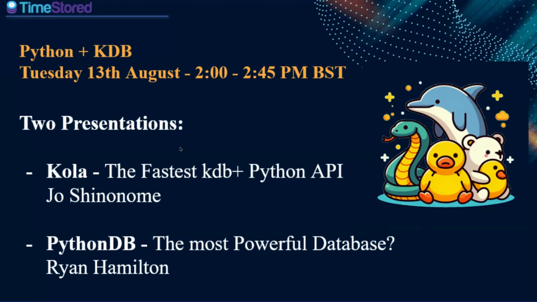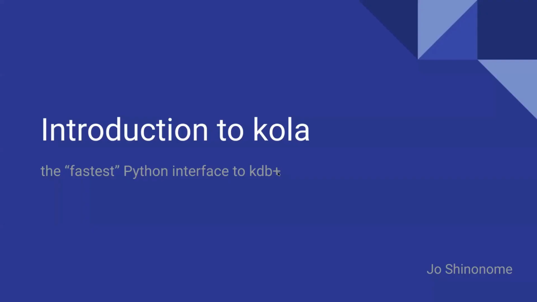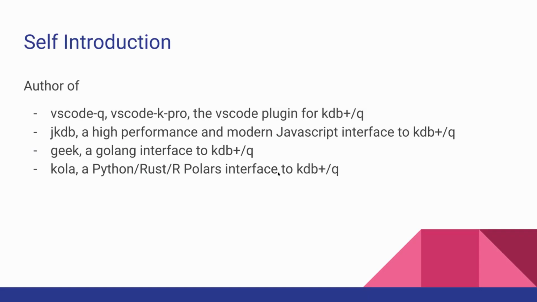Thank you, Ryan. My name is Joe Shinonome. Today I'm going to introduce you to Kola, the fastest Python interface to KDB. Here's a bit about myself. Some of you may know me as the creator of the VS Code plugin for KDB.